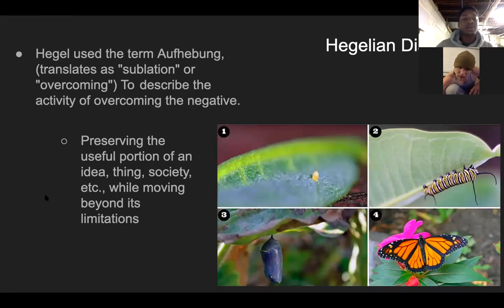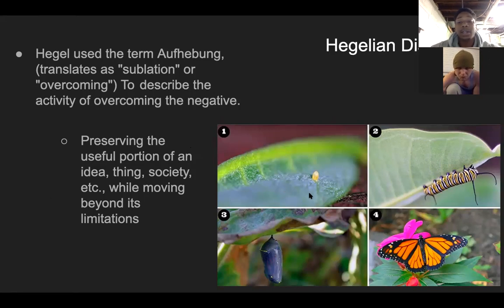Hegel uses the term, I'm not even gonna try it, it's a German word. And it translates to sublation or overcoming, and this describes the activity of overcoming the negative. So this is what we were talking about earlier, preserving the useful portion of an idea, thing, or society while moving beyond its limitations.